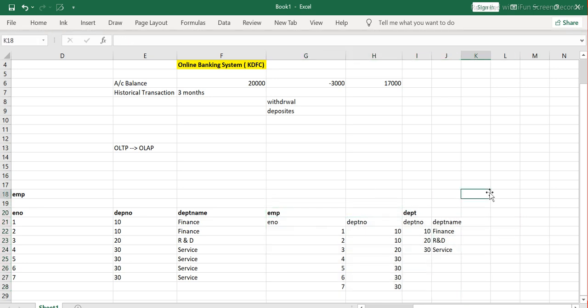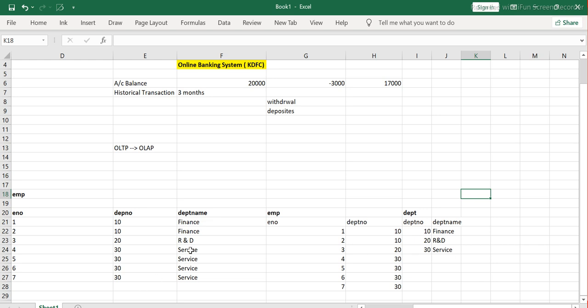When we do that, this is called normalization. So normalization is a process of breaking a table into multiple tables in order to remove the redundancy.